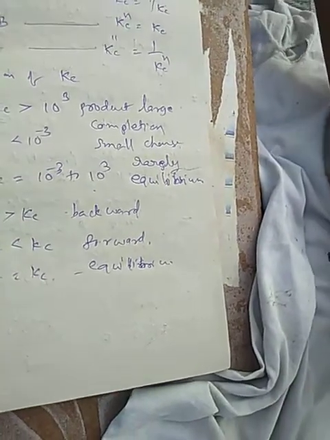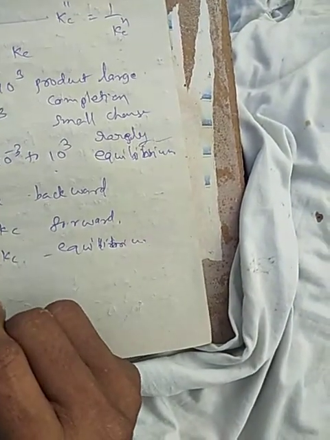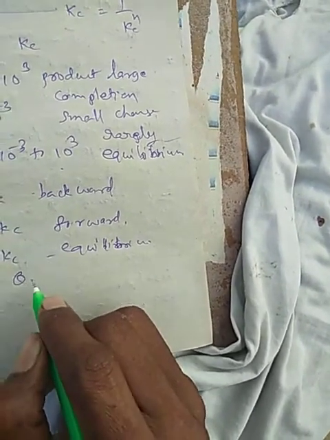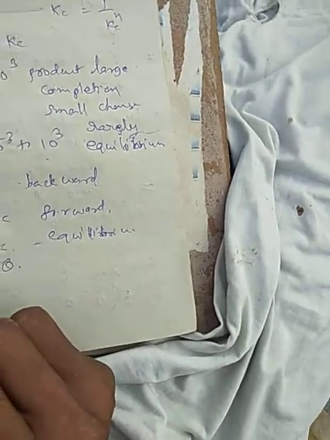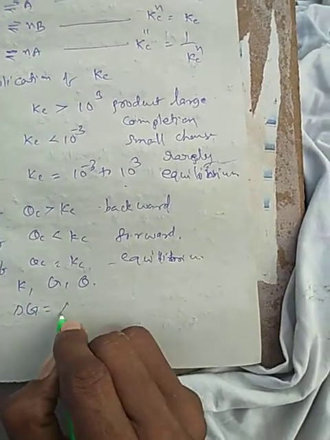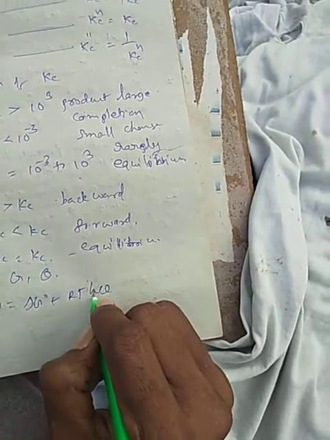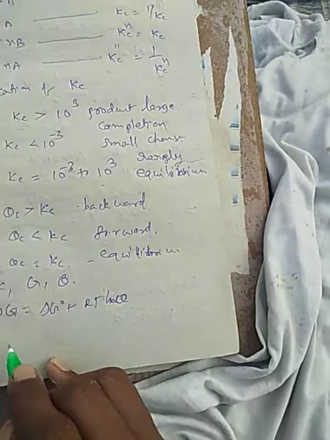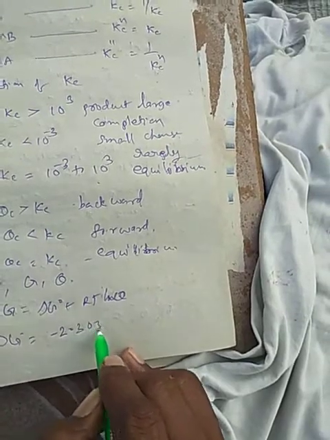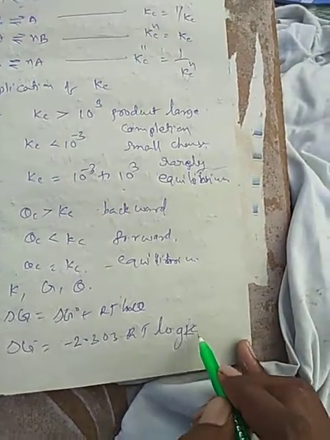Now the relation between Qc, the equilibrium constant, and free energy of the reaction. In this case we can write the equation delta G is equal to delta G naught plus RT ln Q. Now we can write delta G naught is equal to minus 2.303 RT log K. Otherwise, delta G is equal to delta G naught plus 2.303 RT log Q also.